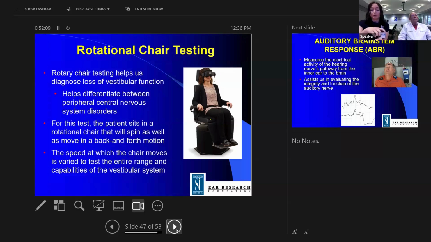Sometimes the chair will just do a full rotation. Sometimes it'll go back and forth, sort of like a teeter-totter. Well, not a teeter-totter, but just back and forth. Whenever we do that, we can also compare these results to caloric testing again, to see how the brain has adjusted to the healing process and whether you've recovered from any potential weakness that your system might have.